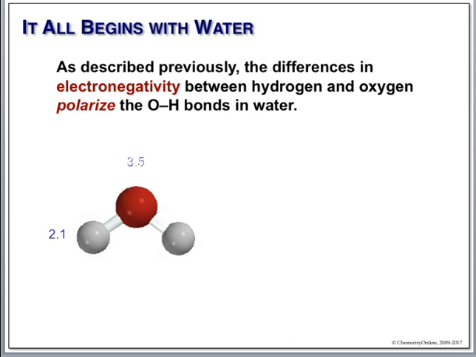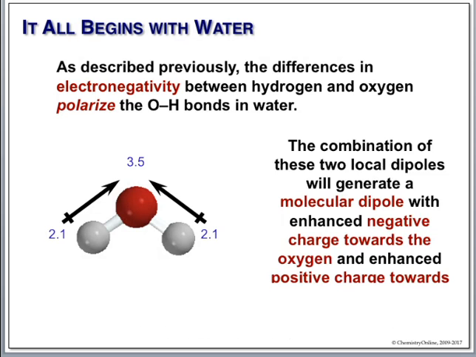It all begins with water. We talked about water in the last chapter. We talked about polar covalent bonds. We said that oxygen and hydrogen have different electronegativities, and because of that, the bonds in water were polarized.